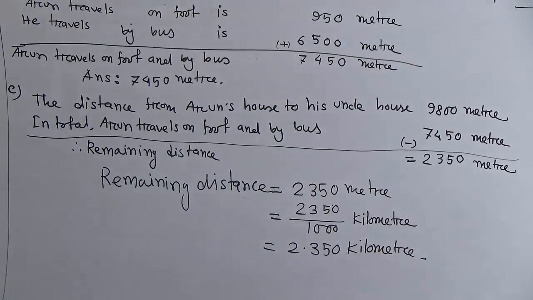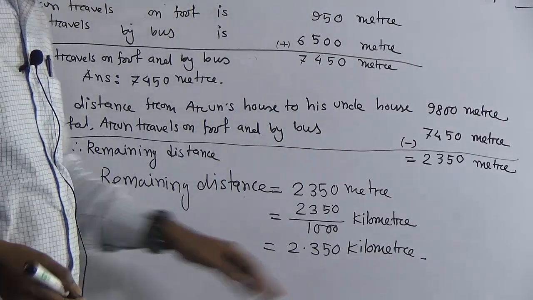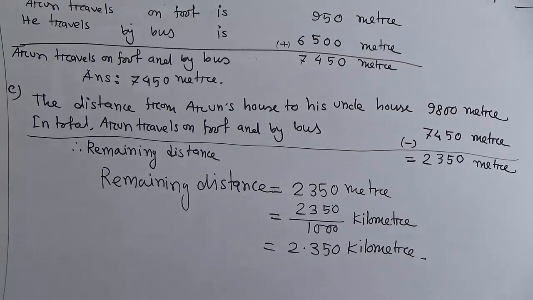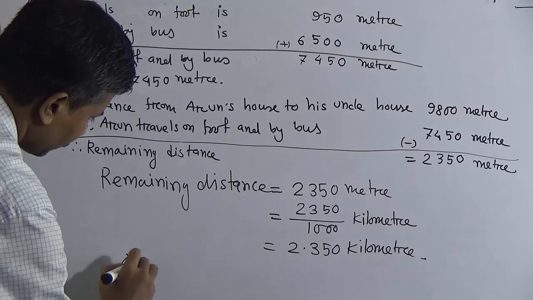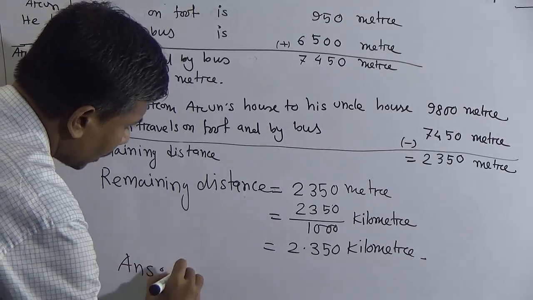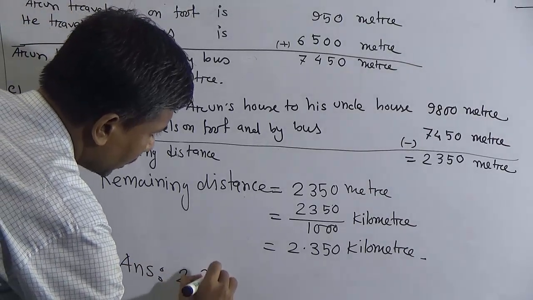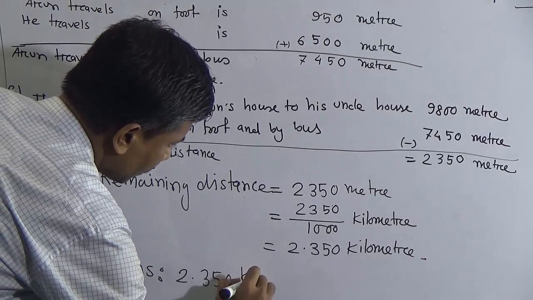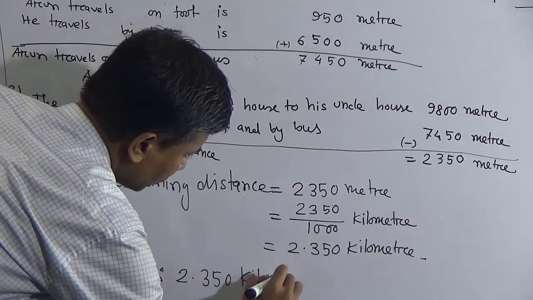Okay student, therefore the remaining distance is 2.350 kilometer. Write the answer, 2.350 kilometer.